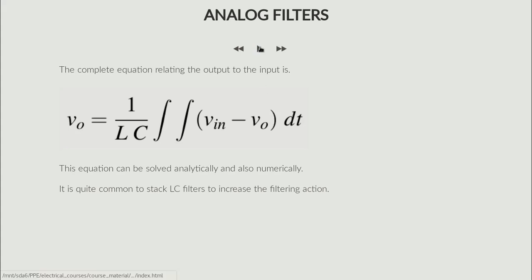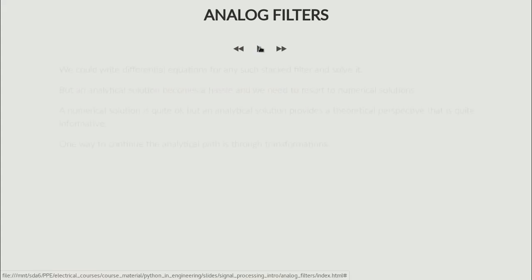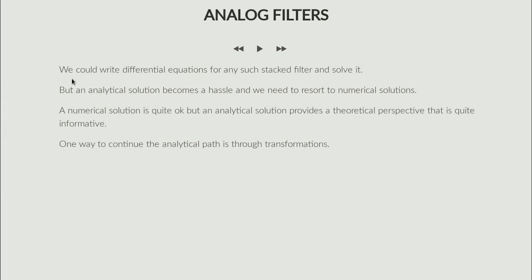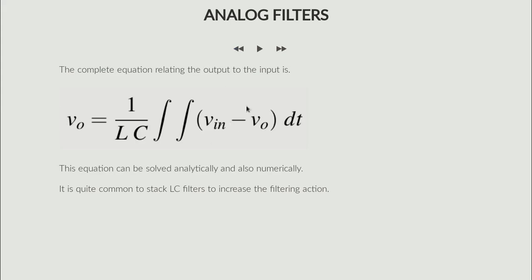Now the problem with that is, as you increase the number of stages, the final output with respect to the input is going to have so many double integrals. If you have 4 stages, you will have 8 integrals.